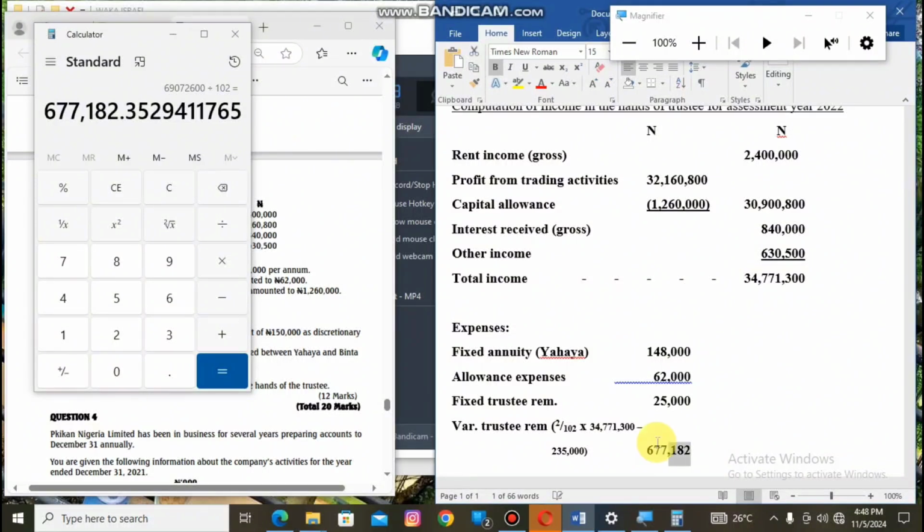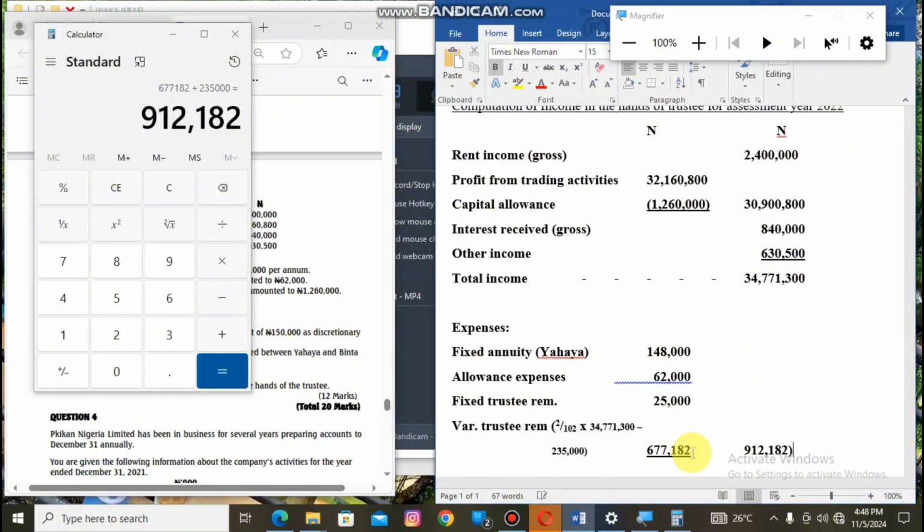67,182. So total of all the expenses, now you add 677,182 plus all the total of the expenses. Now this 3 gives us 235,000, and that will give us 912,182.